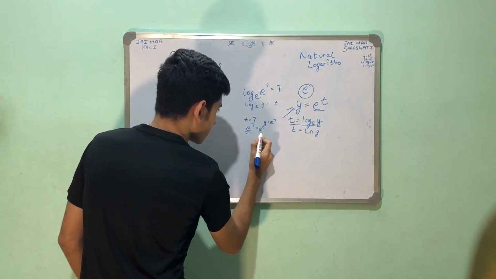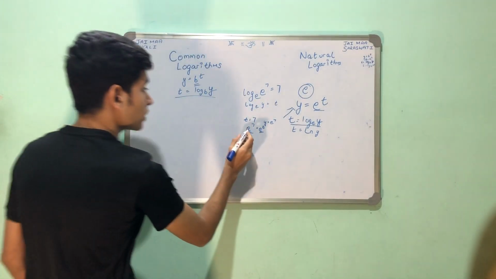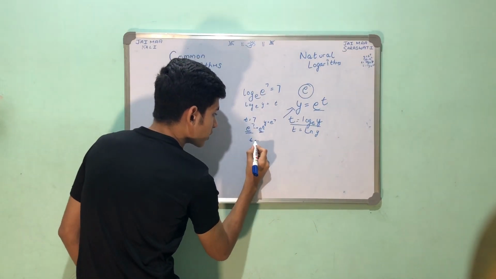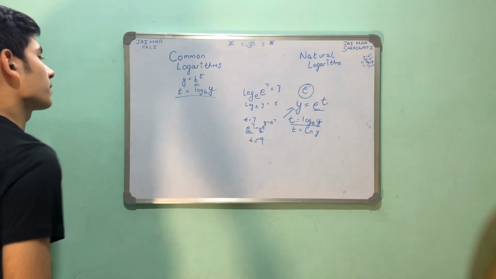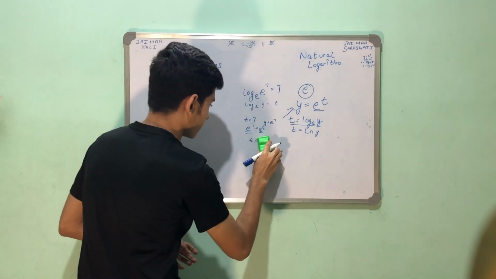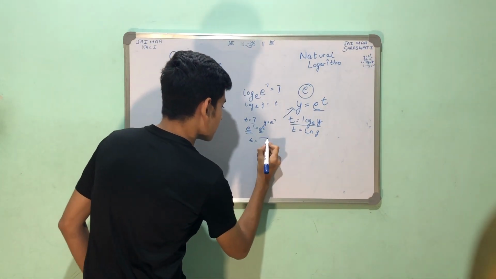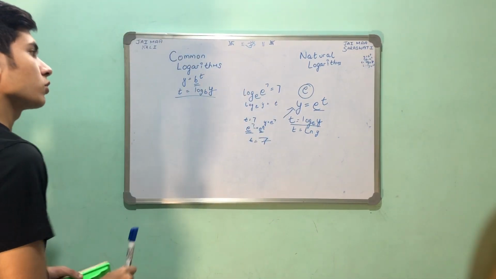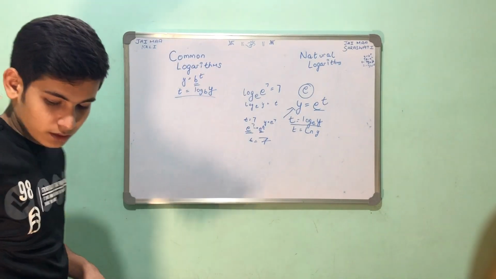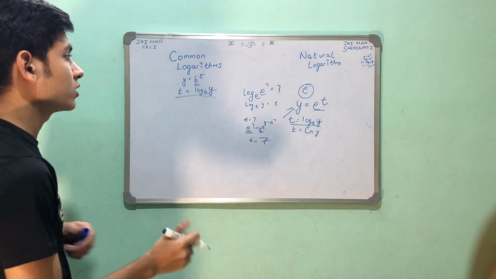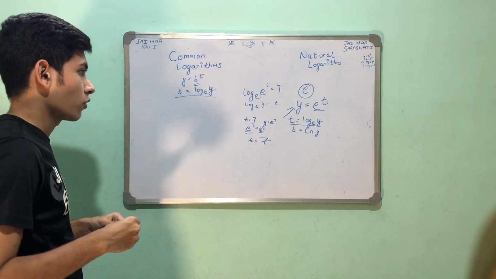So the base is the same, so the answer will be t equal to 7. So this is how you prove natural logarithms. Natural logarithms are generally used in analytical form for analytical work.